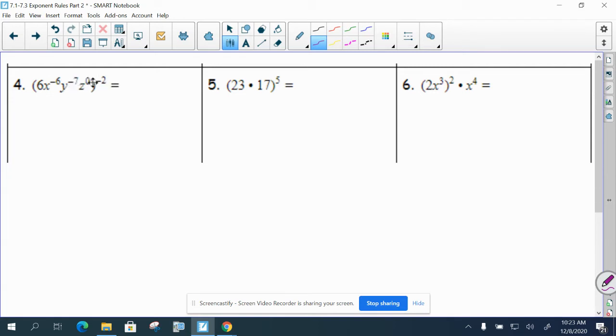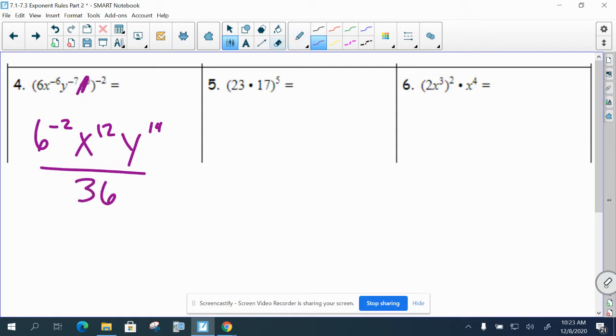However, you see the z to the 0th power, that's just going to be 1. So we don't need to do anything with that. So we'll do 6 to the negative 2nd, x to the positive 12, and then y to the positive 14. Now, since 6 has a negative exponent in it, we have to move it to the denominator as 6 squared, and 6 squared is just 36. So then that will be our final answer.